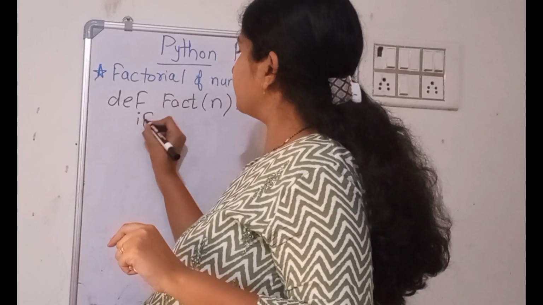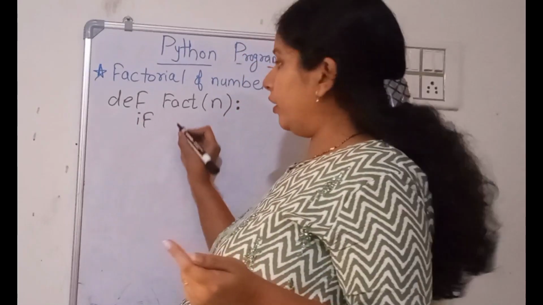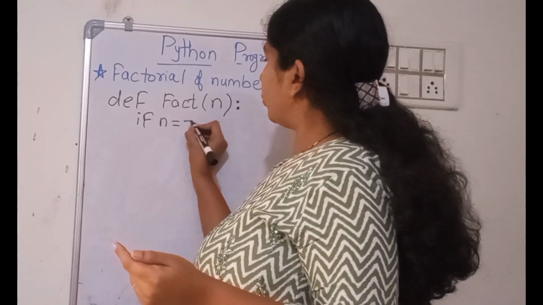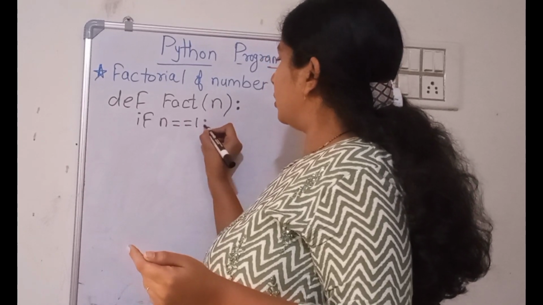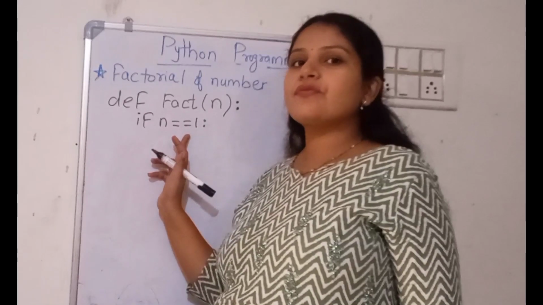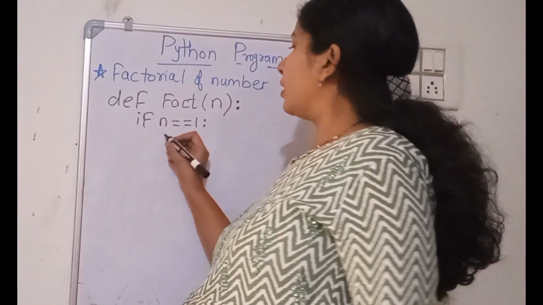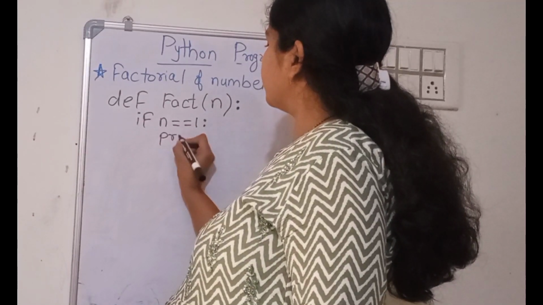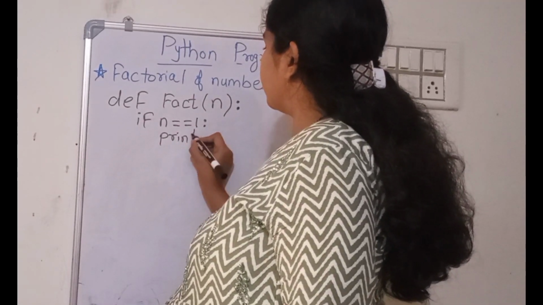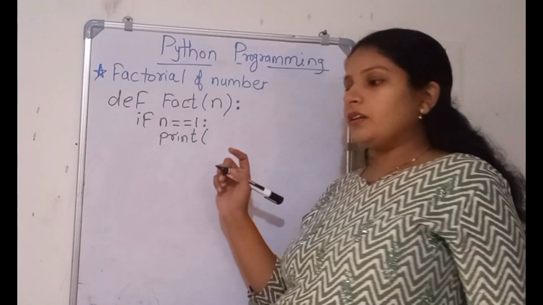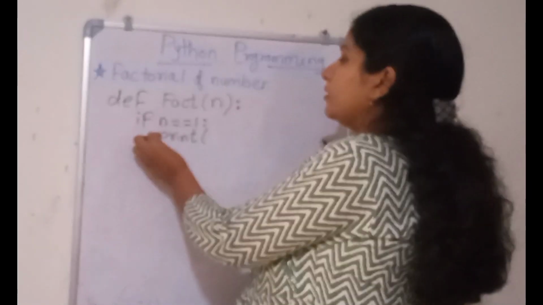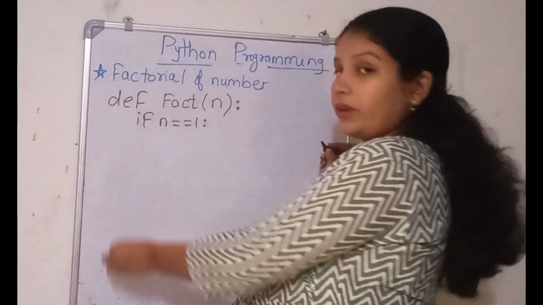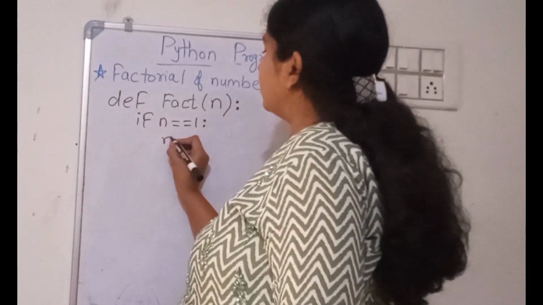So here you are checking the condition first. If, check the value, if n equal to 1, then you can print or return 1.